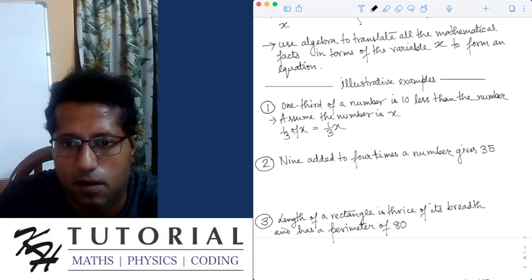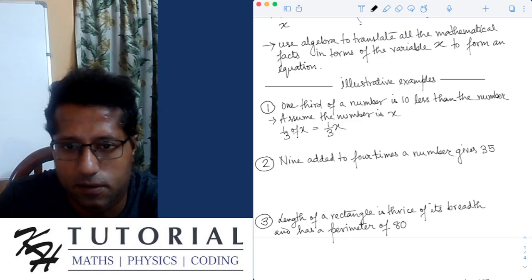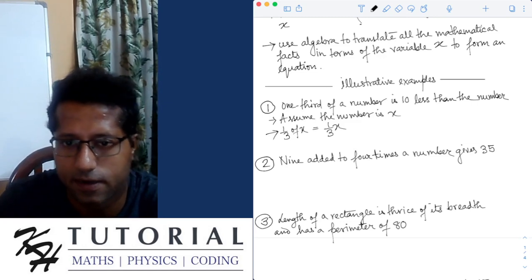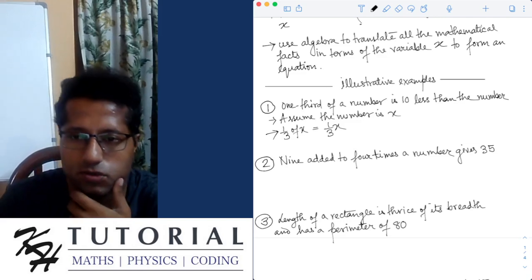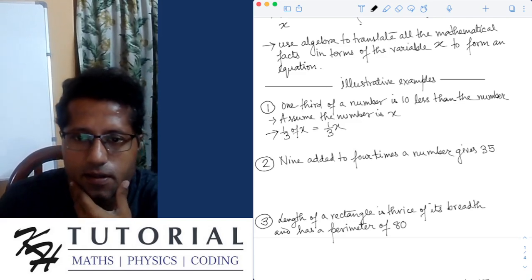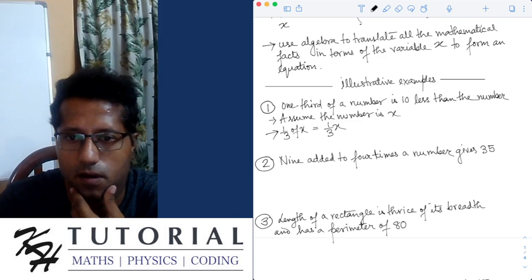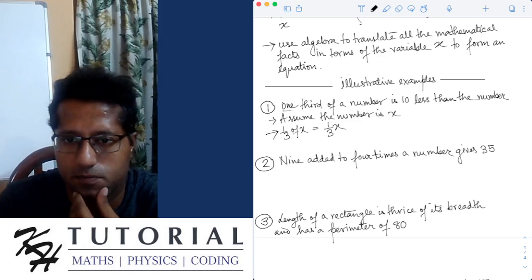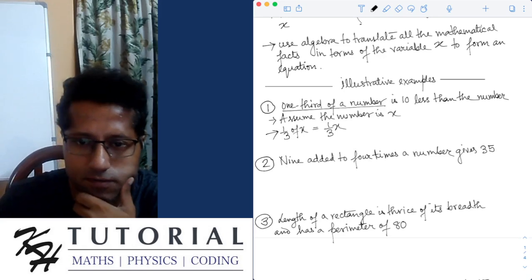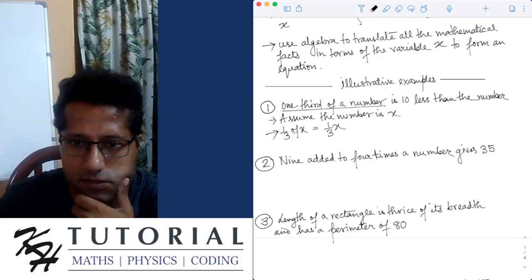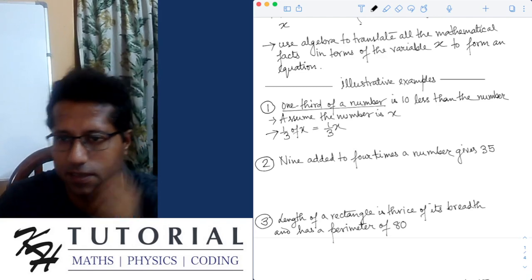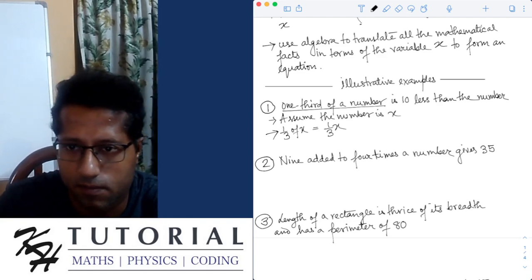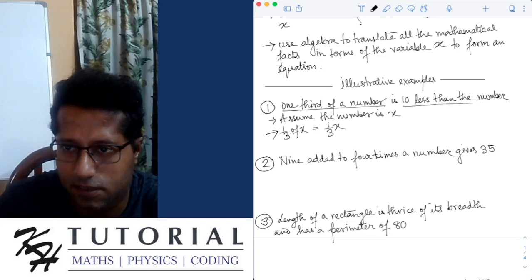So for the first step, we assume the number as x, and then if we translate this part, 1/3 of a number, that comes out to be 1/3 of x, that is x by 3. Now it is saying that 1/3 of a number is 10 less than the number.